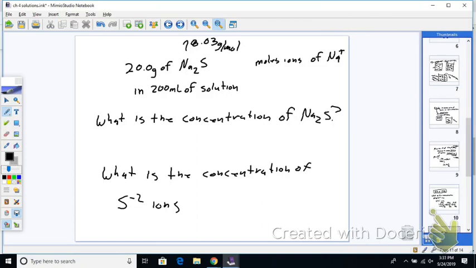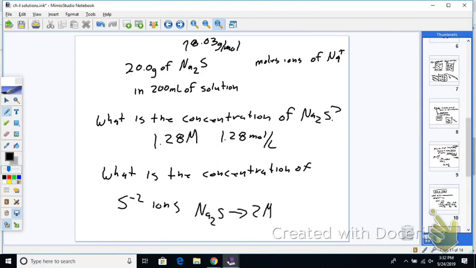Okay, so here's the answer. You take 20 divided by 78, you get 0.256 moles. You take the 0.256 moles divided by 0.2, and that gives you 1.28 molarity, capital M is molarity, or you could write 1.28 moles per liter, same thing, and that's the concentration of Na2S. If you want to find the concentration of Na or S ions, you would have to know how it breaks apart.